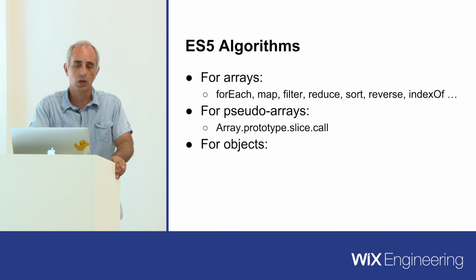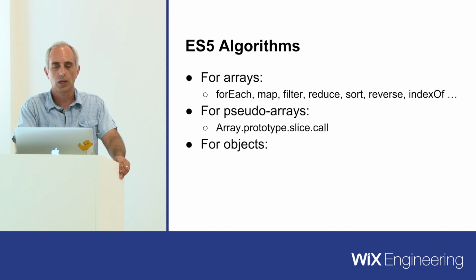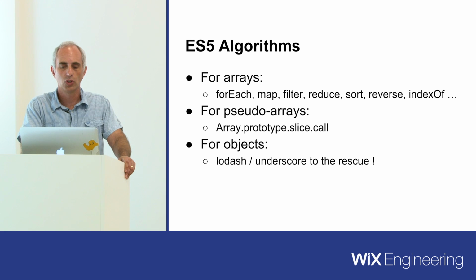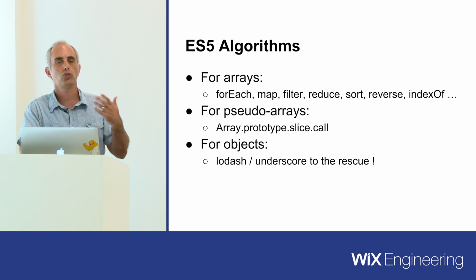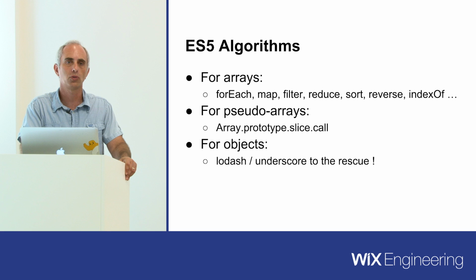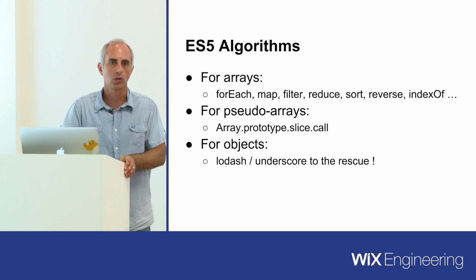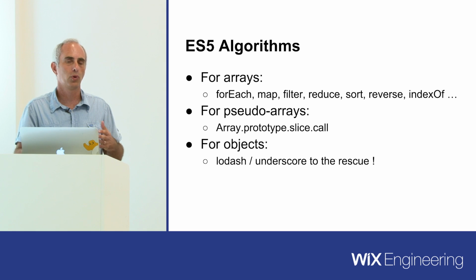For objects, well, objects don't really have algorithms so much at all, which as a result pushes us towards using third-party libraries, usually Lodash or Underscore. So Lodash and Underscore are both libraries that are very popular precisely because they provide a significant number of algorithms on top of objects when these objects are used as dictionaries.